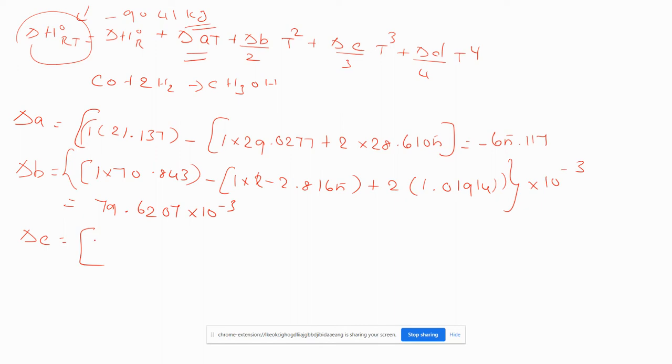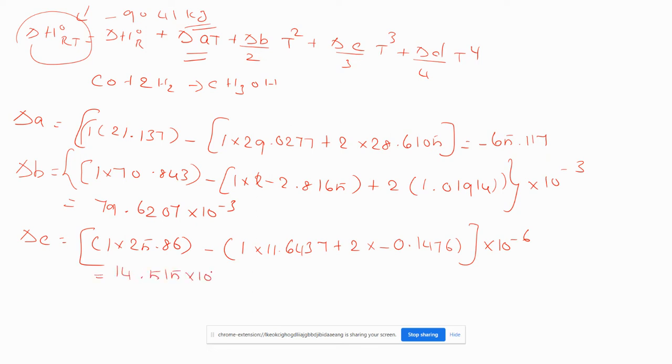So you will be having 1 into 25.86 minus 1 into 11.6437 plus 2 into minus 0.1476 into 10 power minus 6. Don't forget to take this into 10 power minus 6. So you will be having 14.515 into 10 power minus 6.